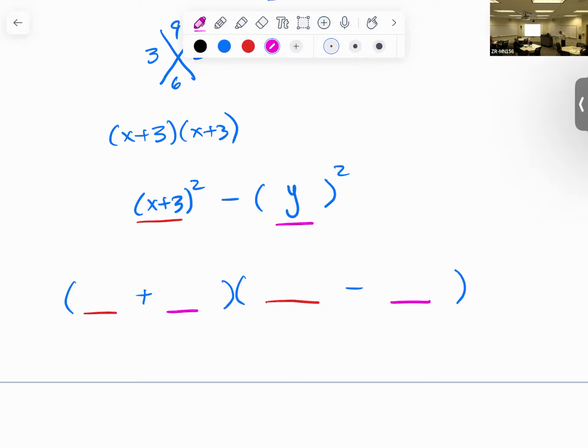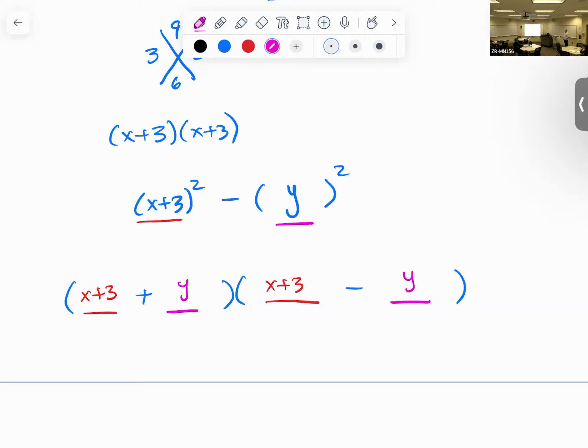But the first term is x plus 3. The second term is just y. This is a 3-term difference of squares when this factors all the way down. But it's still a basic difference of squares. Something that is the same times something that is the same, but the sign is flipped. One is positive, one is negative.